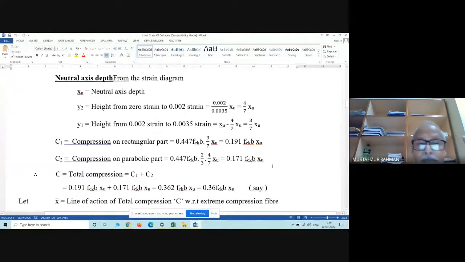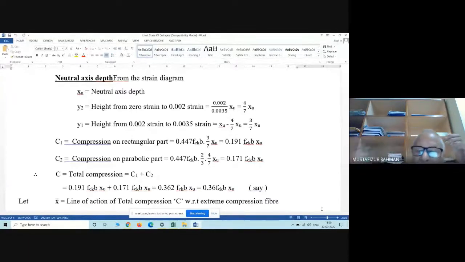Total compression is equal to compression in the rectangular part plus compression in the parabolic part, C1 plus C2. So ultimately we got C equal to 0.36 fck b into xu. This expression you will get in IS 456 Annex G, so if you forgot, not to worry, it is available there.